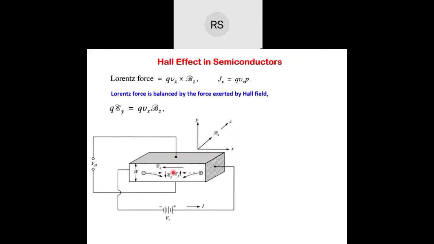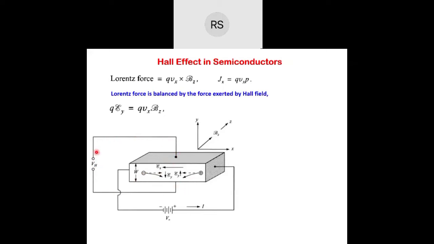This Hall field develops due to the Lorentz force which acts on the carriers, which could be either holes or electrons. If these are holes, they will turn in this direction, so this will be at positive potential. If these are electrons, then this face will be at relatively negative potential. And this is what you measure using a very precise voltmeter.